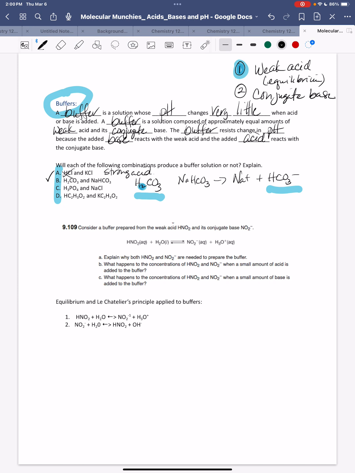Okay, I'm going to let you do the other two. Again, your question is: is it a weak acid, and does it have a source of the conjugate base? When we look at this particular equilibrium that I just wrote, I would write down H2CO3 reacts with water and it's in an equilibrium. And then I get HCO3 minus and H3O plus.